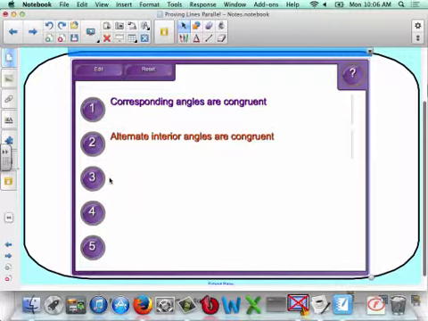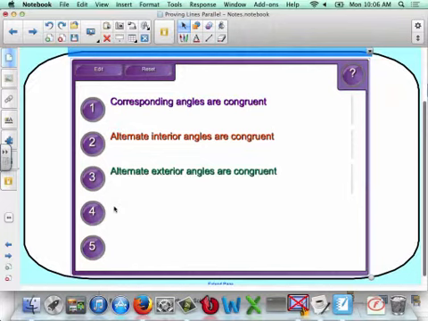What would be another pair that would have to be congruent? Yeah, probably the alternate exterior angles, but they would also have to be congruent. What about my same side interior angles? They would have to be what?